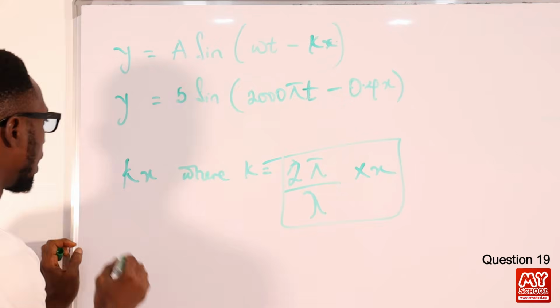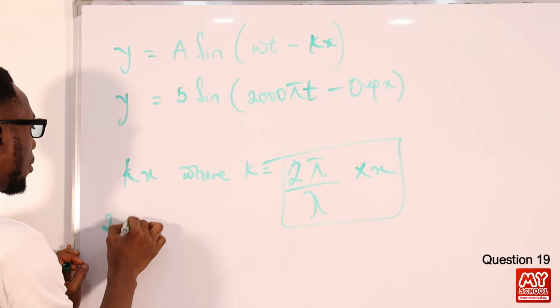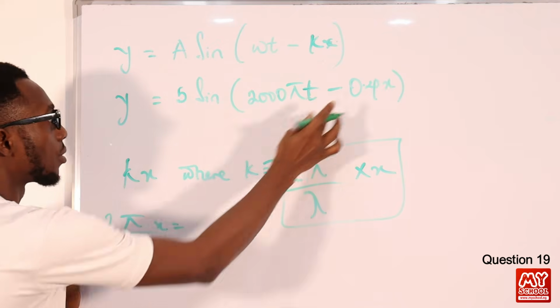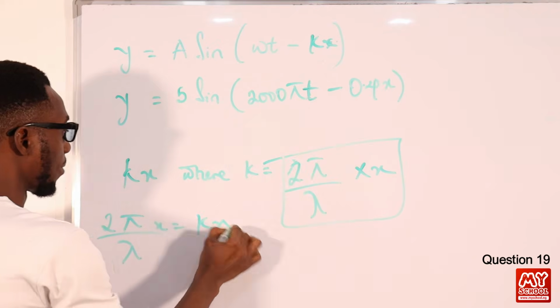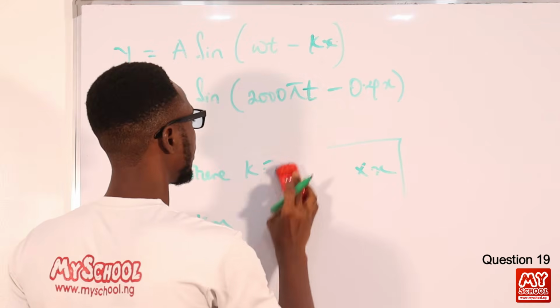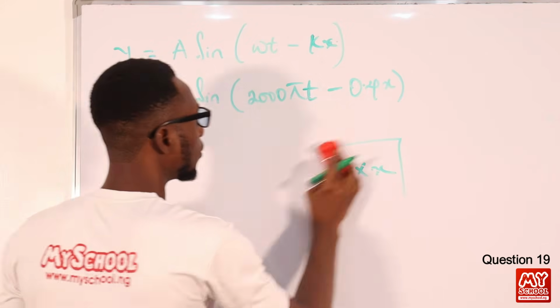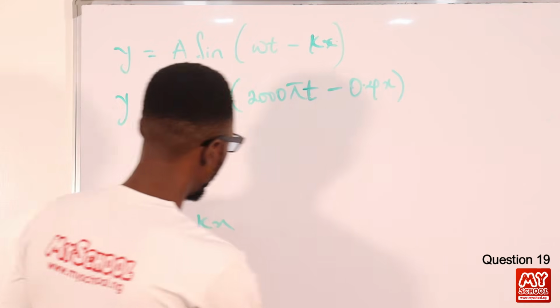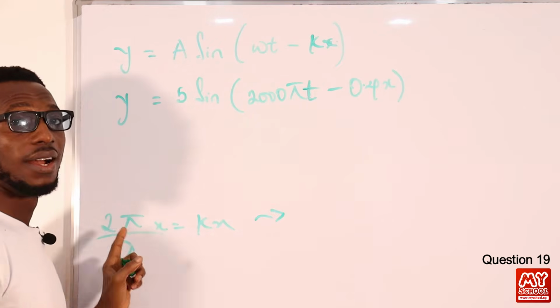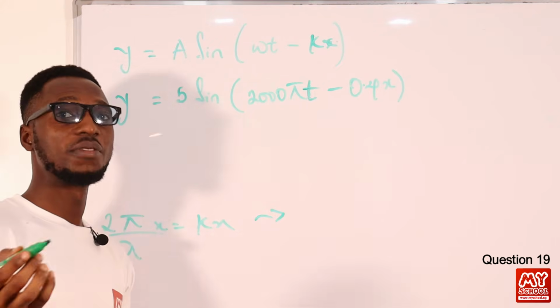So that implies that 2 pi over lambda times x equals kx. That's the formula, so let's work around that. Pi is 22 over 7 or 3.142.